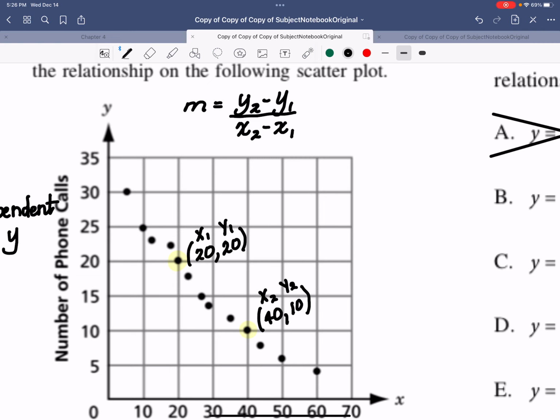So we're going to say 10 minus 20 over 40 minus 20 is going to be -10 over 20, which is -1/2. So we know that our slope is -1/2.